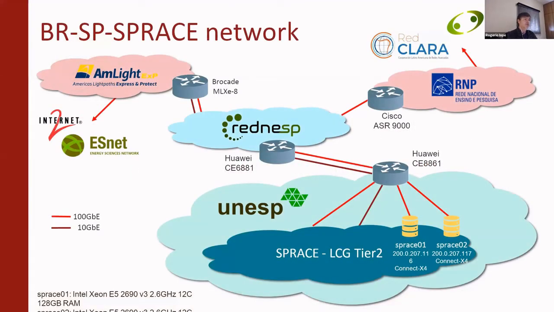Here we can see a bit of the setup that we have configured for this demo. So we see SPRACE as a Tier 2 center, which is inside the São Paulo State University. We are responsible for the scientific computing data center of the university.